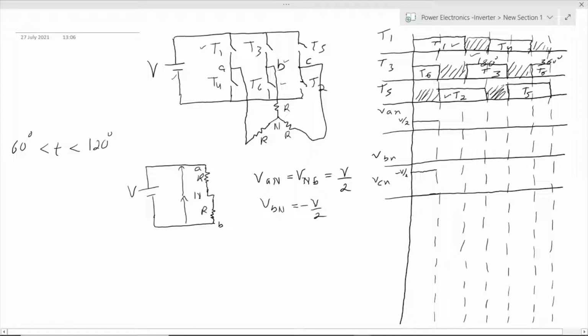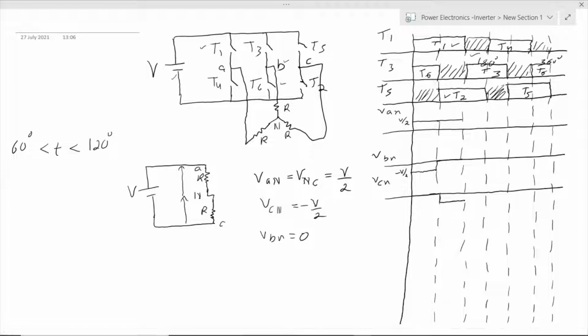So here we can write C. Now we can just replace these things. VCN is equal to minus V by 2 and VBN will be equal to 0. So just we can draw the curve. So this is V by 2, VBN is 0 and VCN is coming down to minus V by 2. Okay.